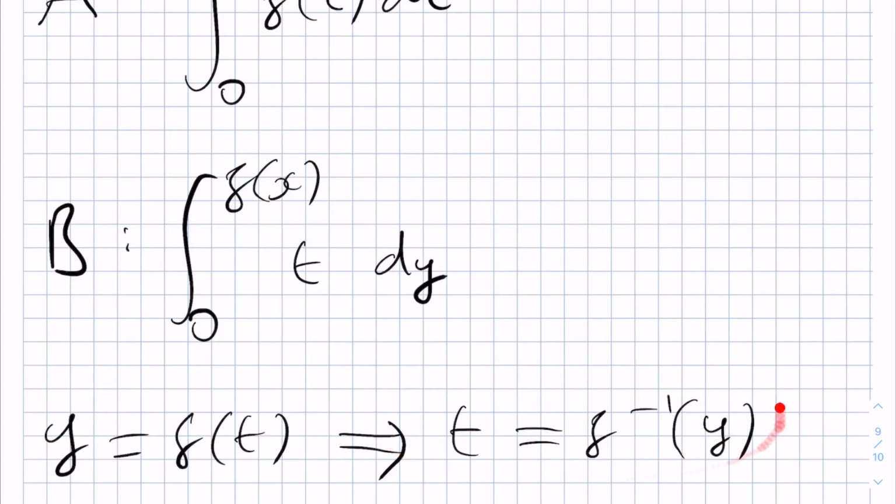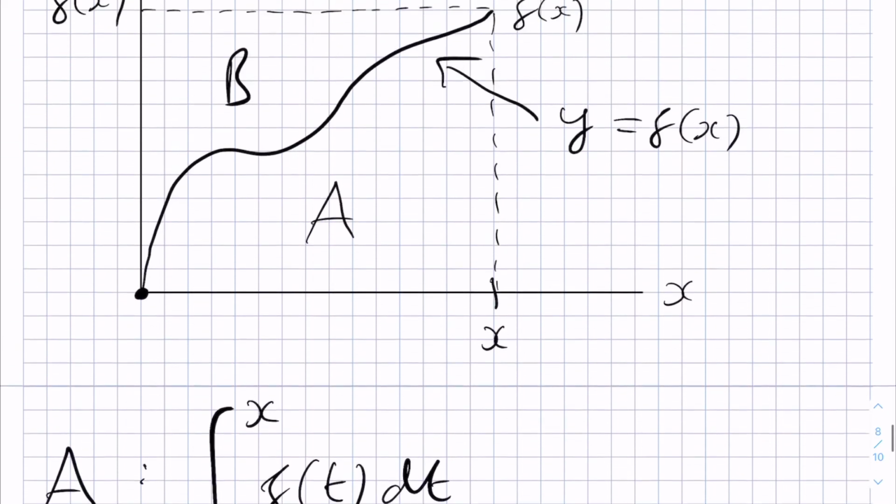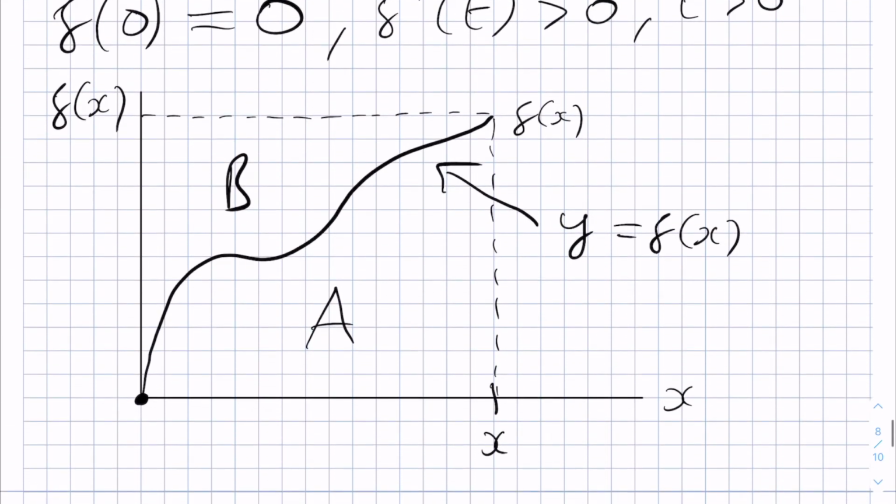But as we have here, in terms of y, this is the integral from 0 up to f of x of f inverse of y dy. If you're not familiar with this, then look up online integrating over the y-axis, or bounded by the y-axis.